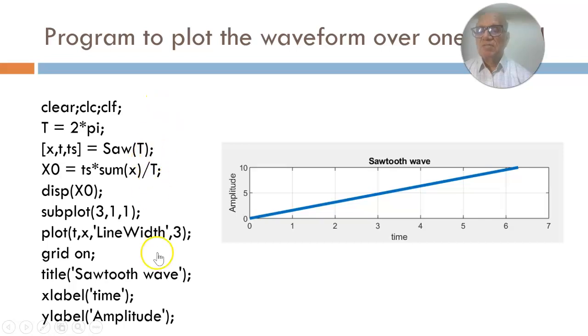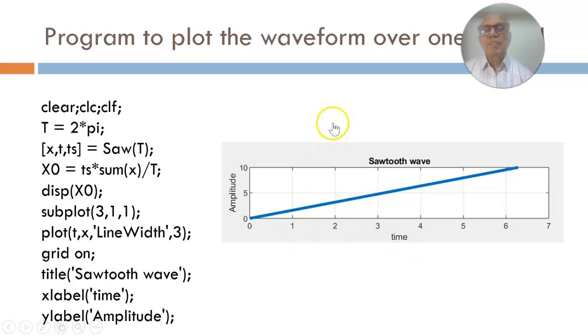So when this part of the program is executed, you will find that the sawtooth wave is plotted. On the x-axis you have plotted time, and on the y-axis you have plotted the amplitude. It reaches a maximum value of 10 at time equal to 2 pi, which is 6 point something. You can do the calculation. Alright.